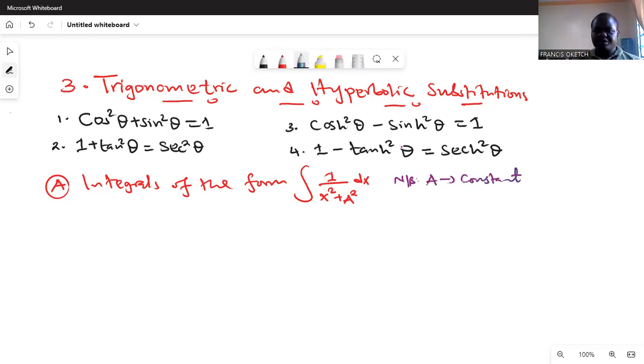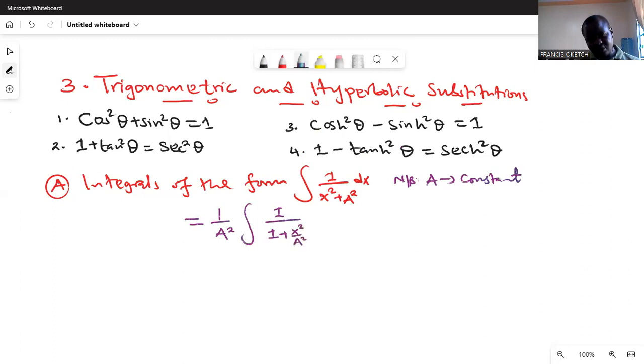Remember, when it comes to integrals, it is possible to factor out the constant so that we integrate the variable. The constant can be factored out. So this integral can be rewritten as, you factor out a squared so that we have 1 over a squared, then the integral of 1 over 1 plus x squared over a squared.